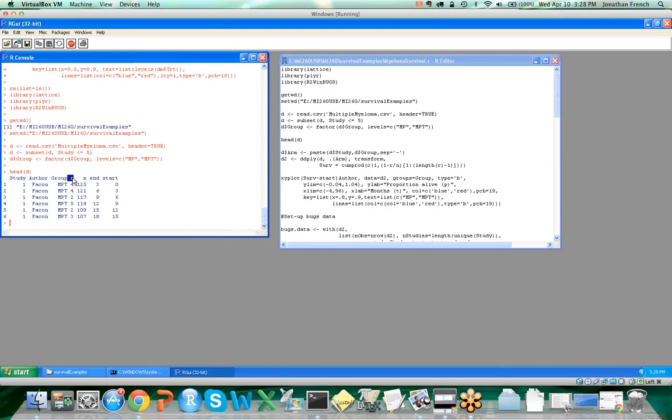We have the number of patients dying in a treatment interval, the number of patients at risk in that interval, the time of the end of the treatment interval, and the time of the start of the treatment interval. So the study indicator, the treatment group, the R, the N, the start and the end are all data that will pass into WinBUGS.